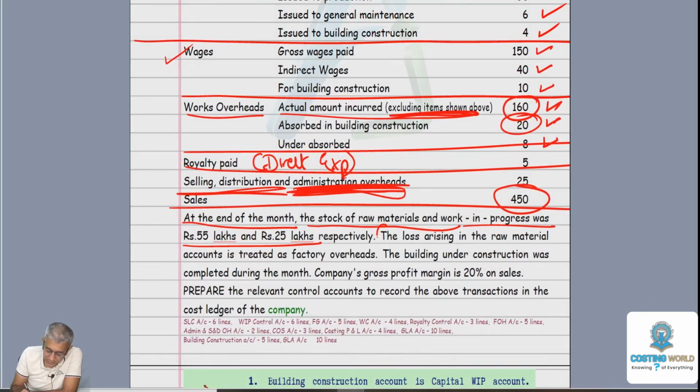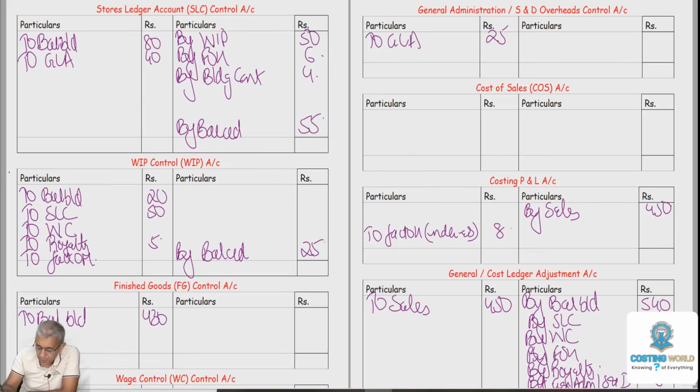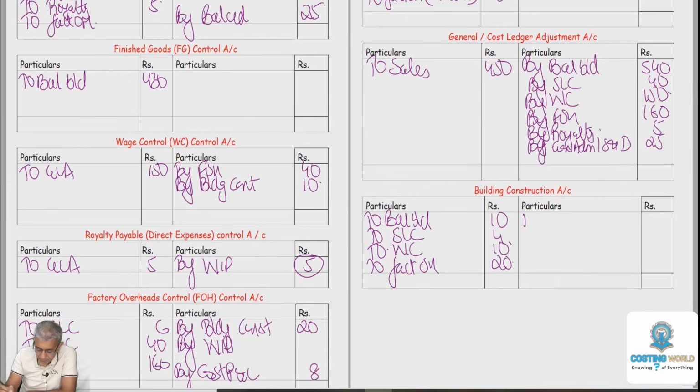Now this line I am keeping vacant for some time. I am leaving it. Building under construction was completed during the month. You tell me if the building under construction is completed. What to do, beta? Transfer it. Balance should be transferred to GLA. You transfer the accumulated balance to GLA account. So therefore write down by GLA.